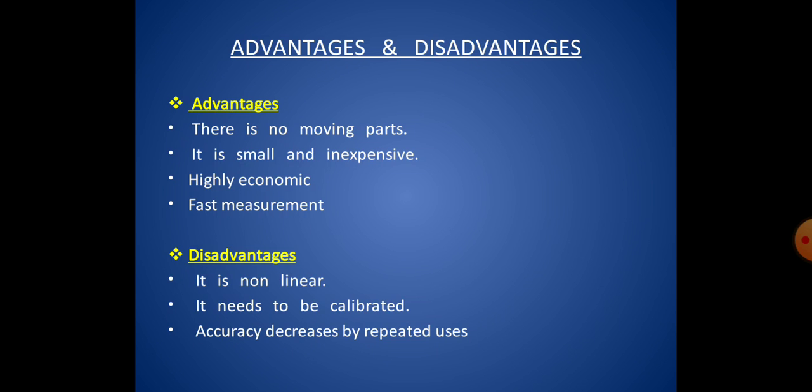Accuracy decreases by repeated use, because the strain gauge itself is subjected to strain and will be permanently deformed, so there is a chance of accuracy problems when we use it repeatedly.